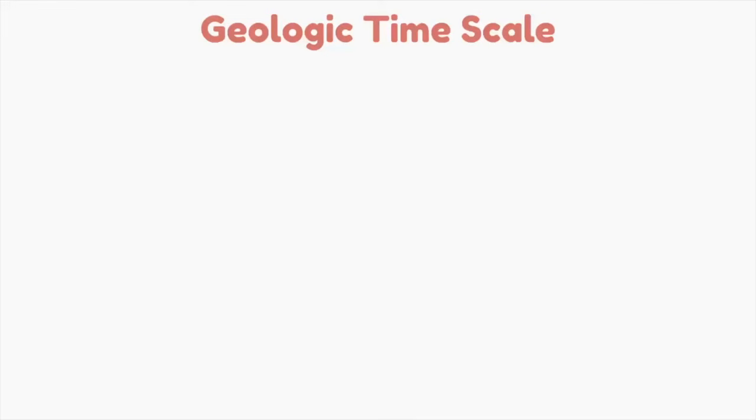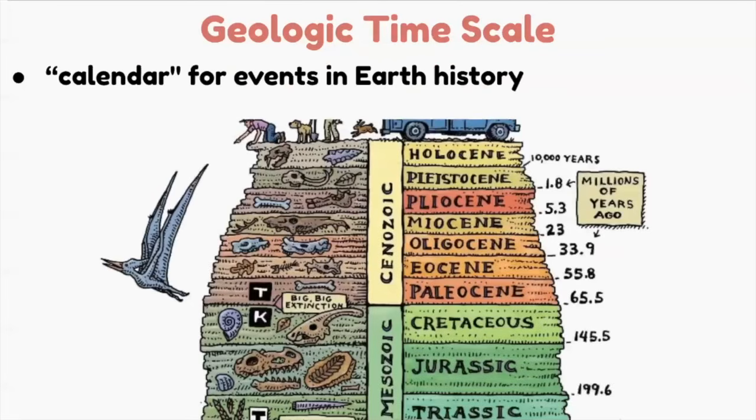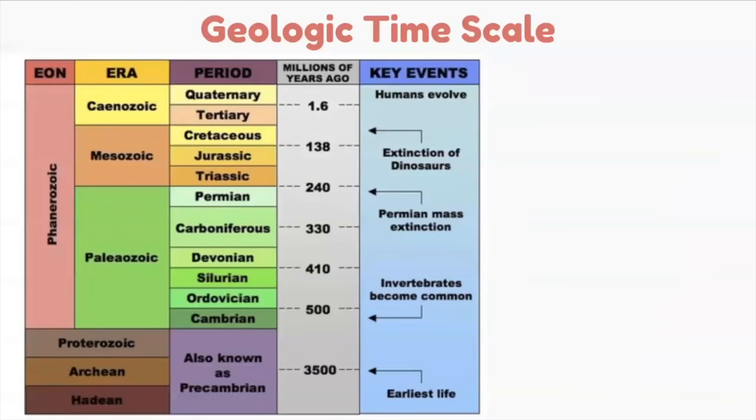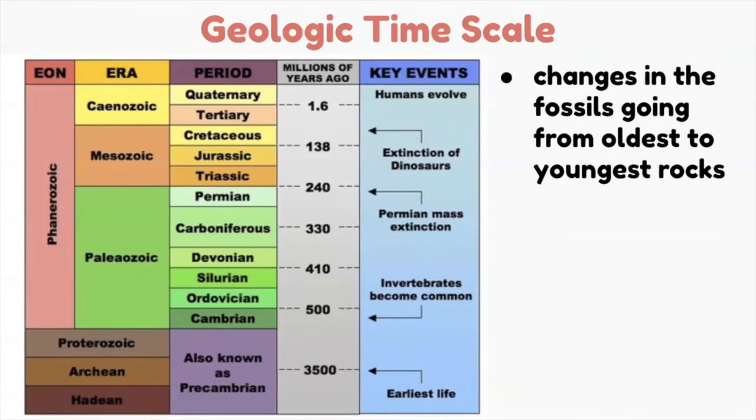The last one is the geologic timescale. The geologic timescale is the calendar for events in Earth's history. It subdivides all time into named units of abstract time called eons, eras, periods, epochs, and ages, as seen in this chart. The geologic timescale was developed after scientists observed changes in the fossils going from oldest to youngest sedimentary rocks.